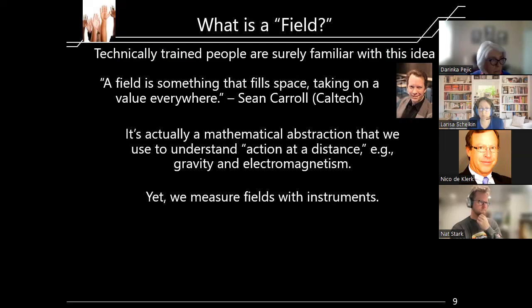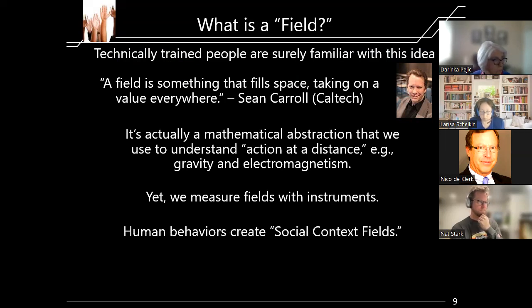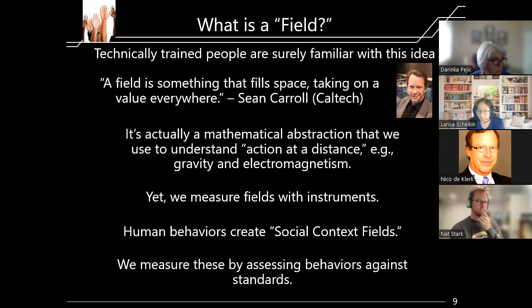And we measure fields with instruments. I built an instrument to measure a magnetic field. Human behaviors create social context fields. They're very similar. They have force. And by the way, until Einstein, physicists usually talked about forces. Einstein, with his field theories, convinced everybody that fields is a better way to talk about it.